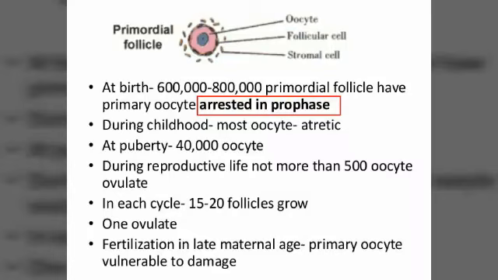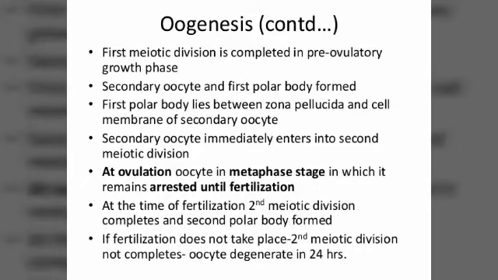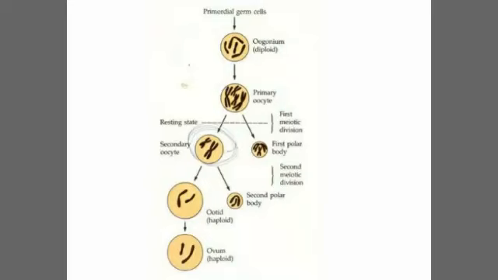Here is the primordial follicle in which the oocytes are developed. At birth, approximately 6 million to 8 million primordial cells are present in a child. In oogenesis, the first meiotic division is completed in the pre-ovulatory growth phase, and then the secondary oocyte and first polar body are formed. The first polar body lies between the zona pellucida and the cell membrane of the secondary oocyte.